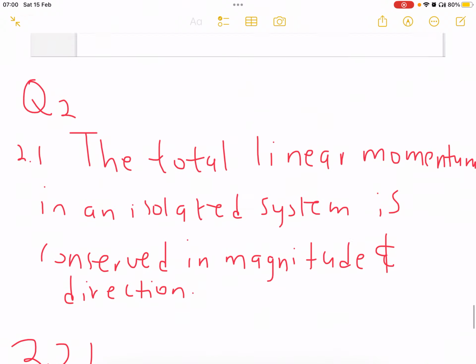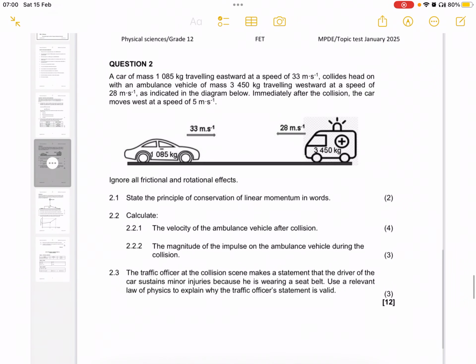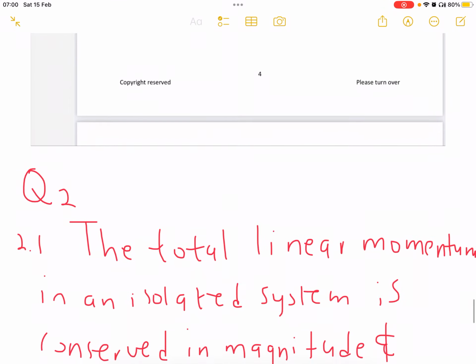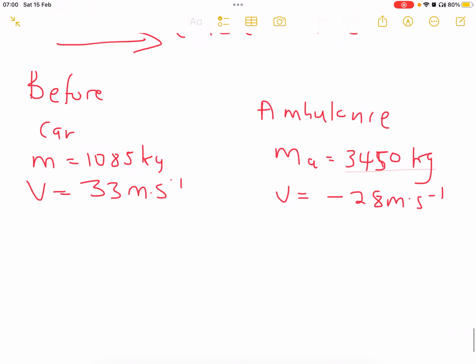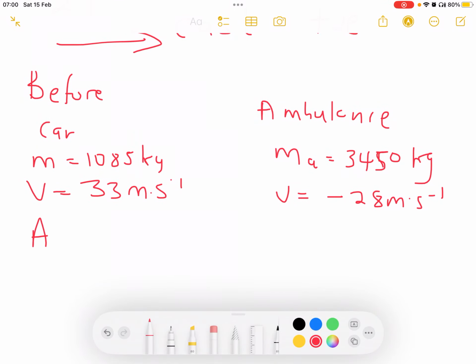Let's go back to our scenario here. So we see, afterwards, the only thing that changed is that the car moves with a speed of 5 and it's moving now west. So after, the car's velocity is now minus 5 meters per second.